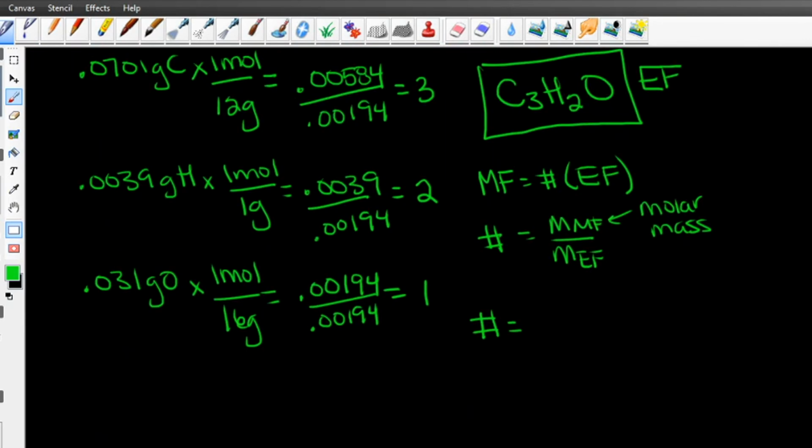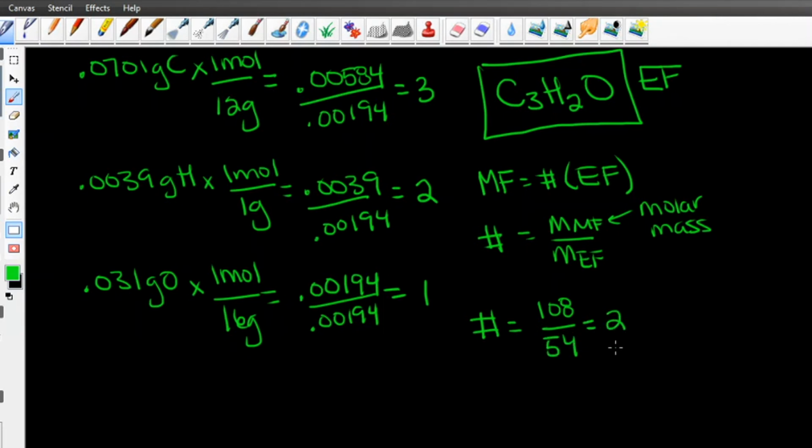Okay, back down here, 108 grams per mole divided by whatever the empirical formula mass is. Let's figure that out. Plus 54 grams per mole.